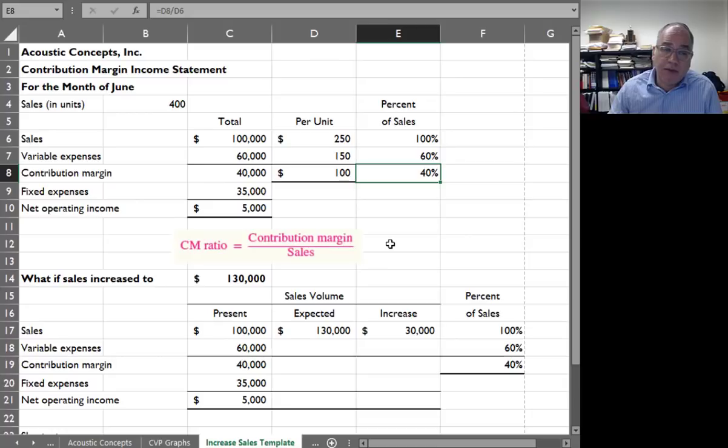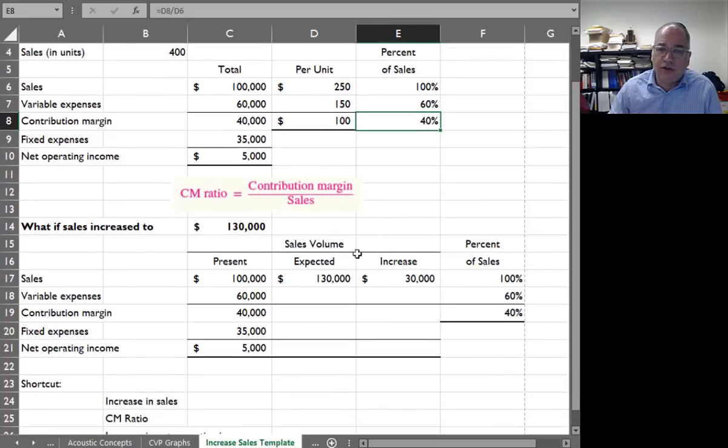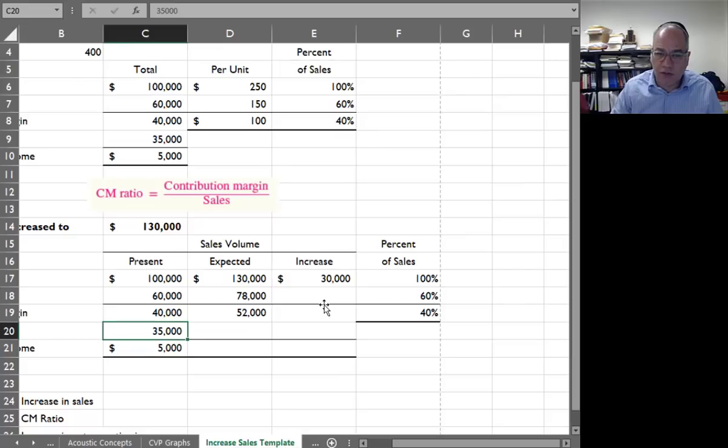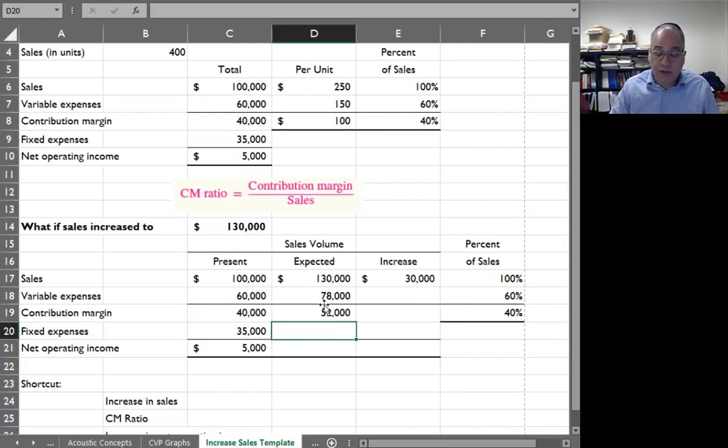So for example, let's say sales increased to $130,000. What would happen? Well then, variable expenses would be equal to 130,000 times 60%, or 78,000, and contribution margin would be 130,000 times the contribution margin ratio of 52,000.